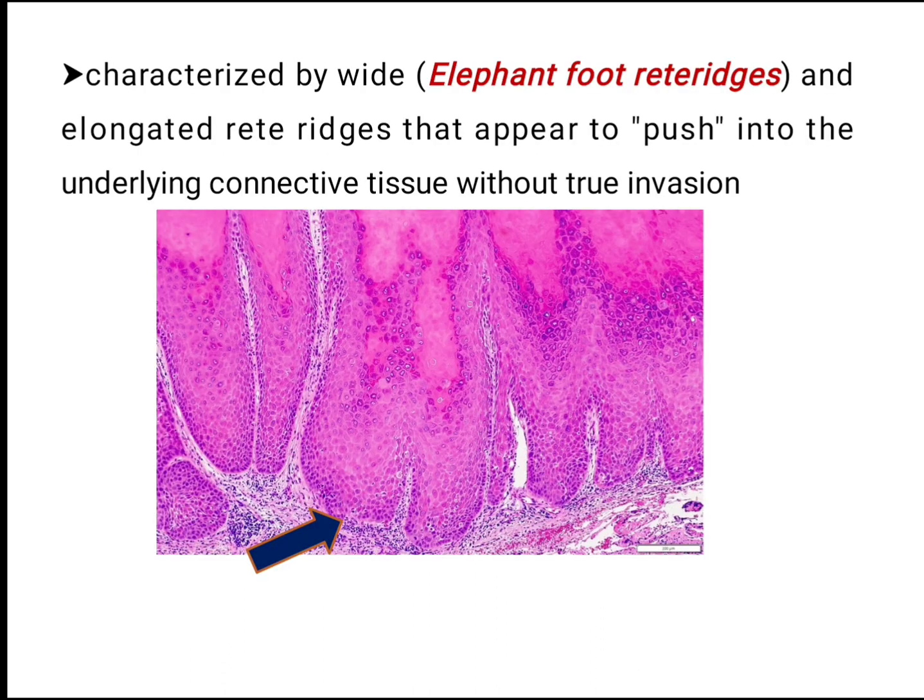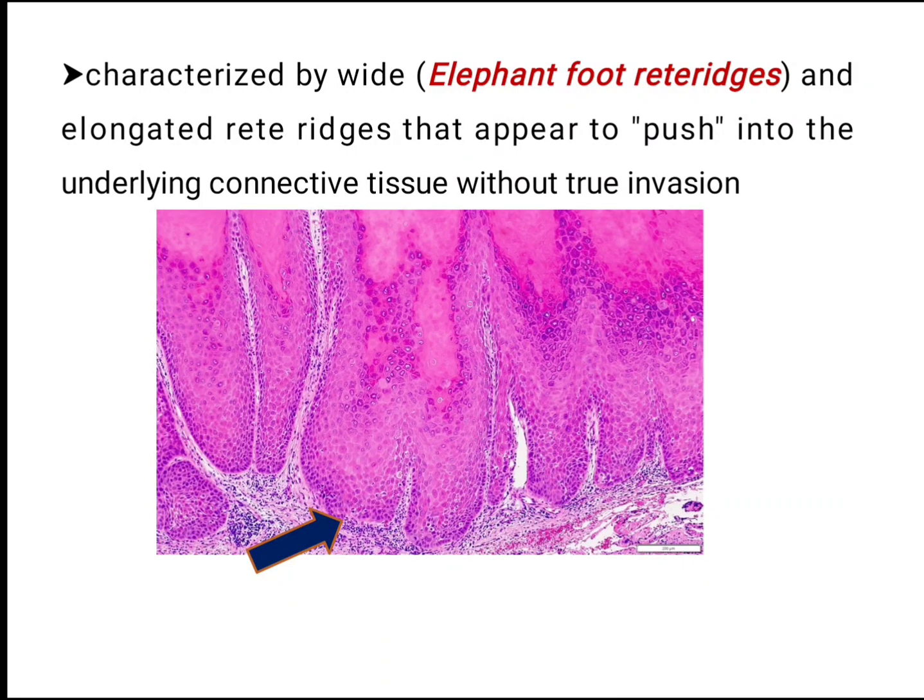Now coming to the histopathologic features. One of the most important characteristic features of verrucous carcinoma is the term elephant foot rete ridges. What does the term mean? All of us have seen an elephant foot, how broad it is.